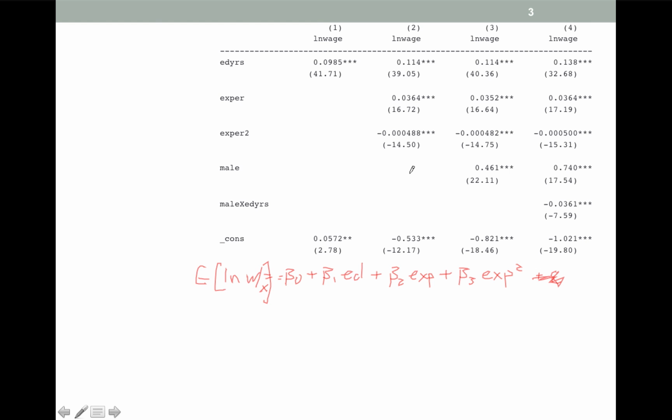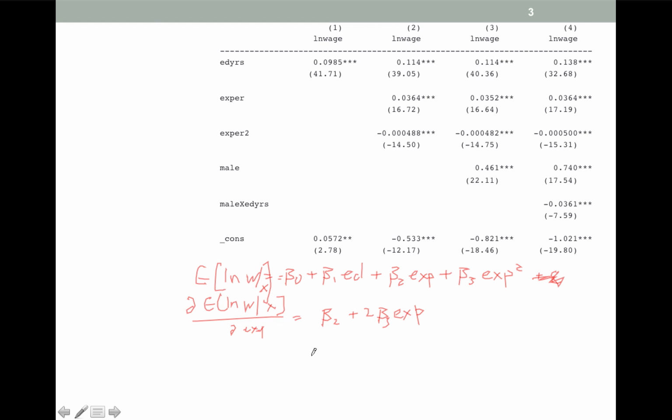Now, suppose we want to know what the effect of experience is. We don't just have experience, we also have this quadratic term. And so when we take the partial derivative of this conditional expected value with respect to experience, we get beta 2 plus the term that comes from over here, 2 beta 3 times experience. Okay?